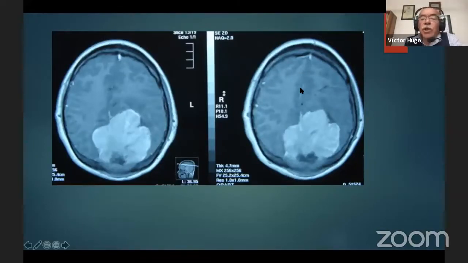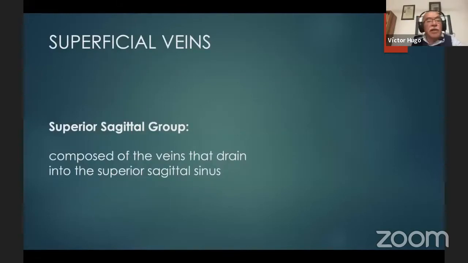When you need to dissect this lesion, this tumor, we need to take care to preserve the veins that go into the sagittal sinus.